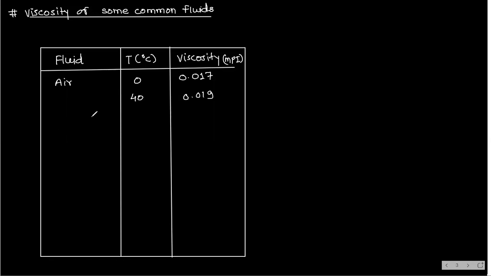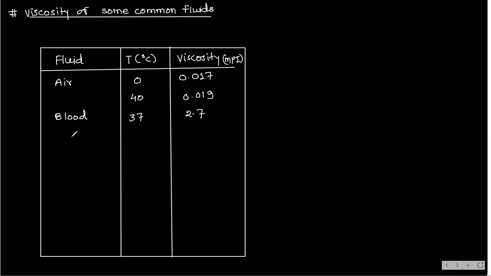Next one, blood. Viscosity of blood at body temperature, 37 degrees Celsius, is 2.7. Okay.